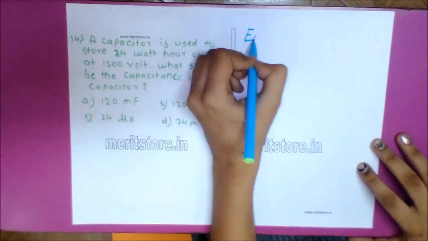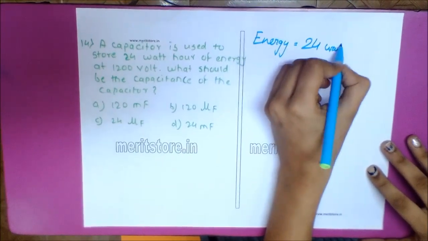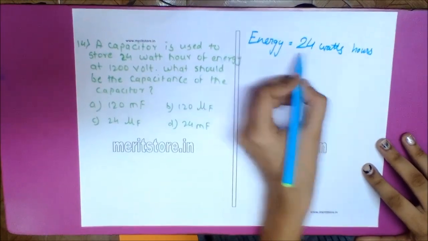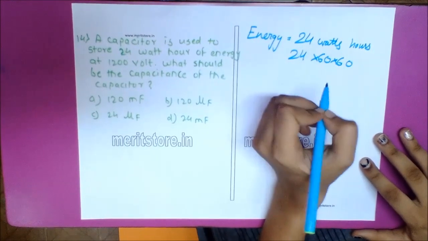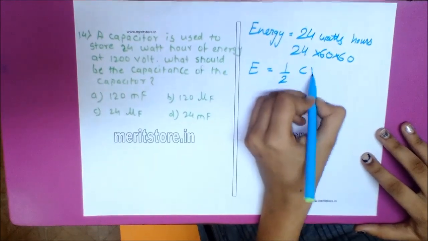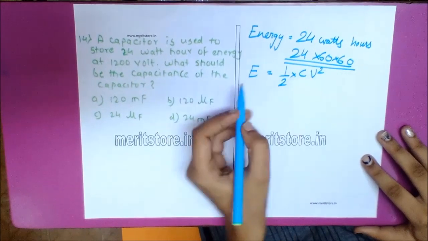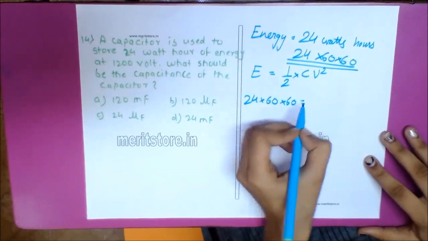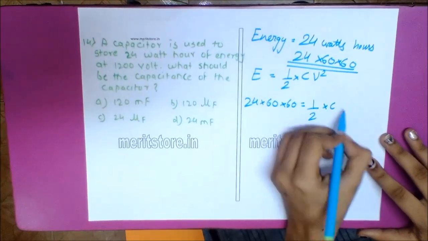Over here we have been given energy as 24 watt, but in hours. We will convert it into seconds, so that will be 24 into 60 into 60. We know that E is equal to half C V square, so 24 into 60 into 60 will be half into C into V square.